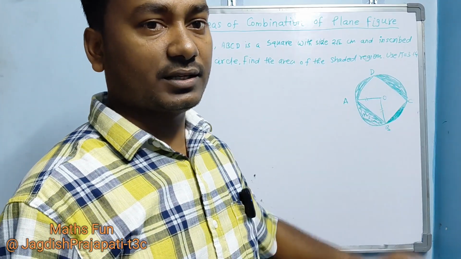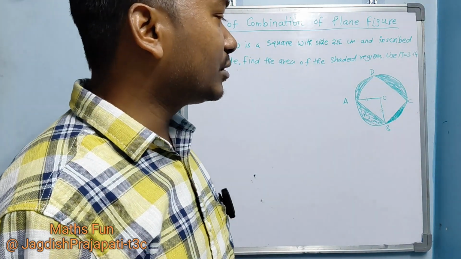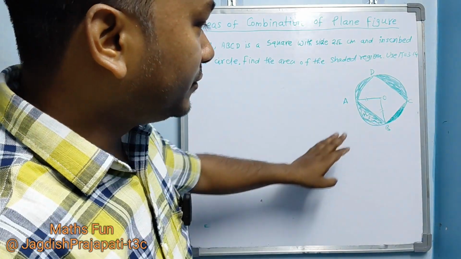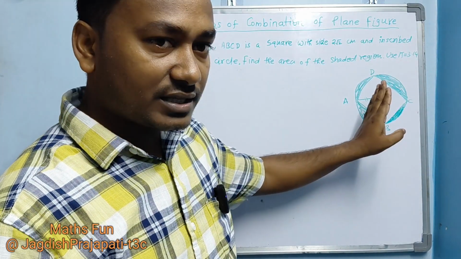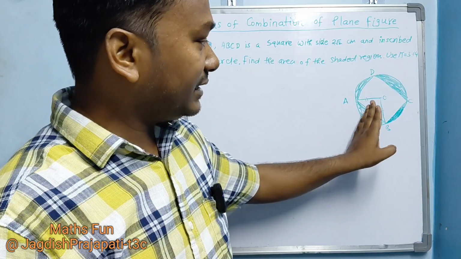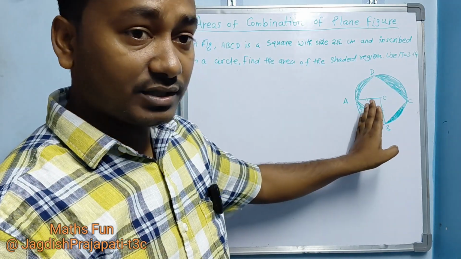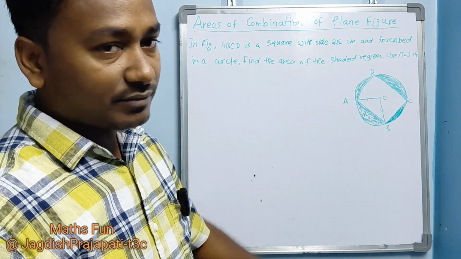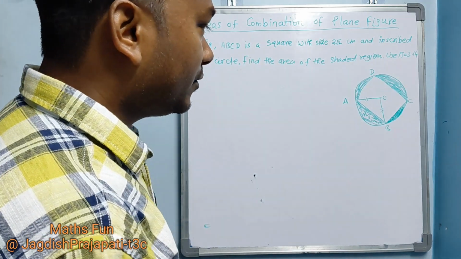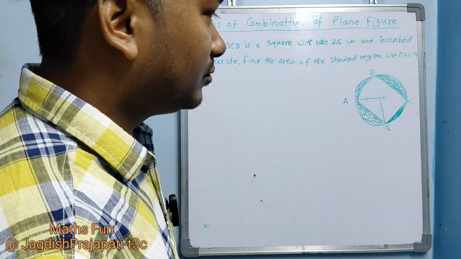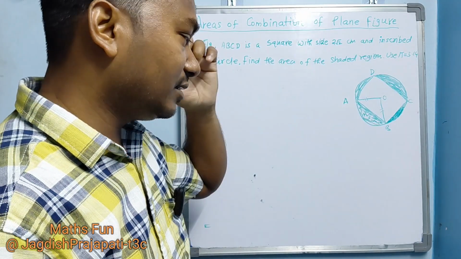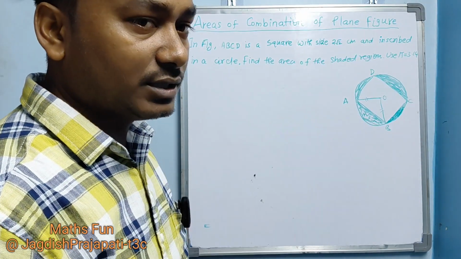We know the side of the square, but we don't know the radius of the circle. If we find the radius, we can find the area of the circle and then the area of the shaded region.